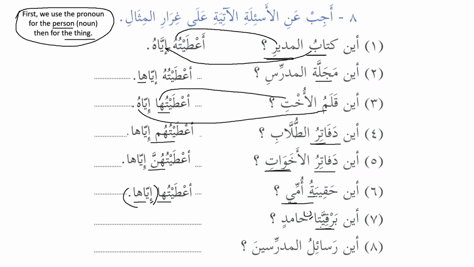So it was basically برقيتان حامد, but we know that when we use the dual or the plural as mudaf, then the noon gets dropped. Now we have to use the ضمير, هما. أعطيته إياهما. Excellent. So we know that hu refers to Hamid and huma refers to barqiyata. For the feminine and for the masculine dual, we have to use the same huma.